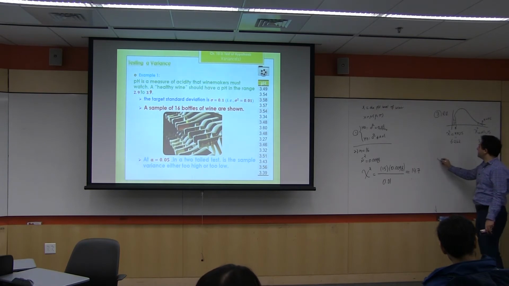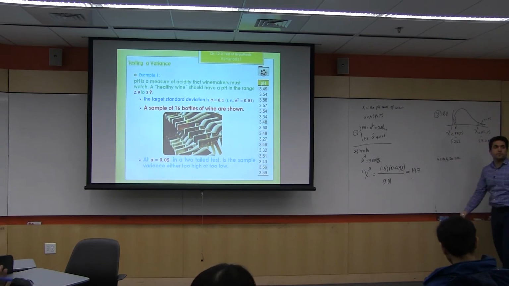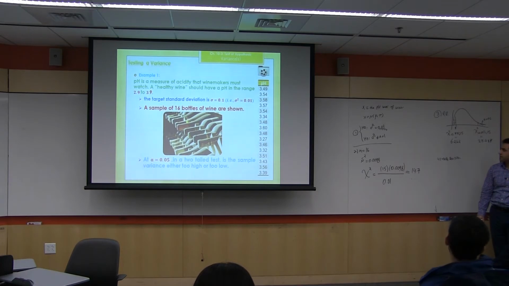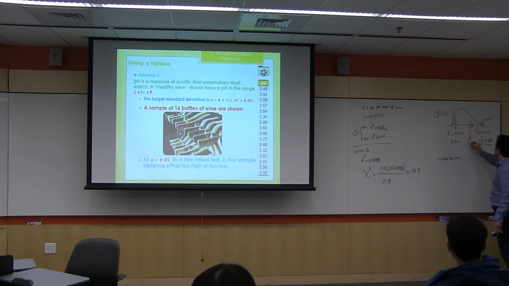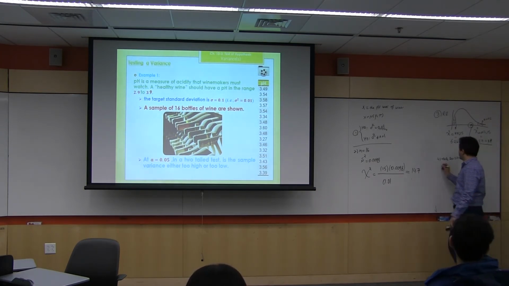Now I make decisions. Okay. This is calc 14.7. Between 27 and 6, 14 is somewhere here. Is that right? What do you conclude?